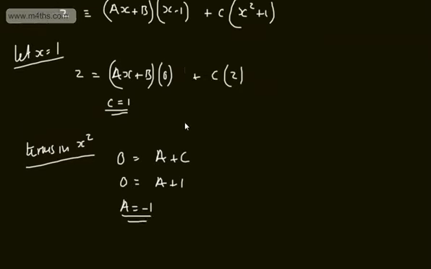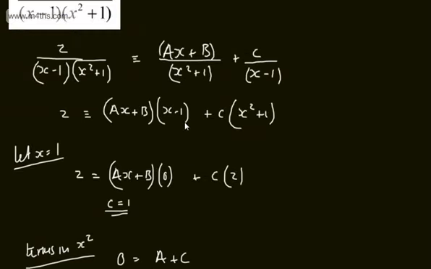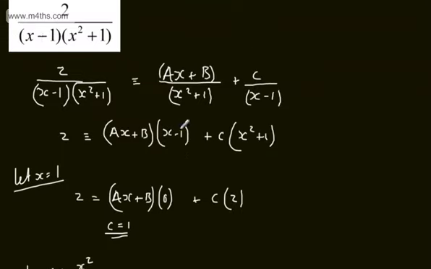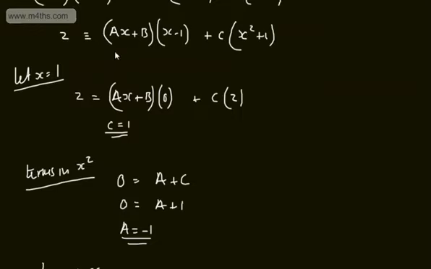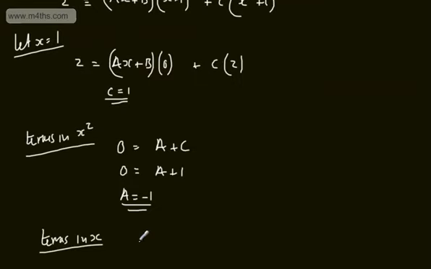Okay, now we need to find b. If we look at b right here, what we can do is consider terms in x. This is one approach: we write terms in x. On the left hand side we've got 0, so we can write 0.